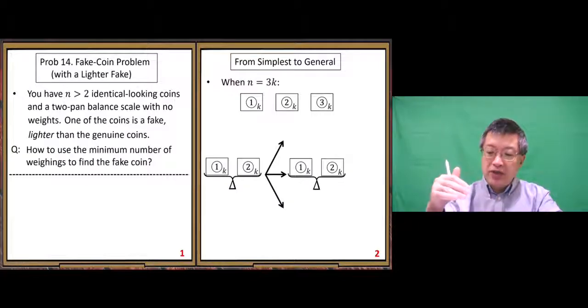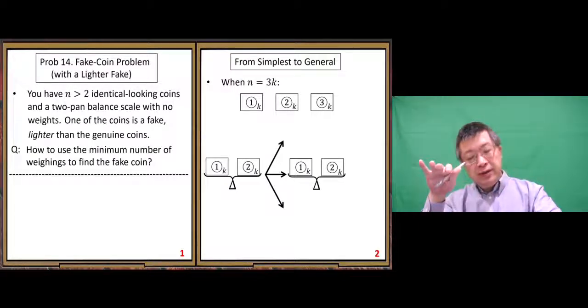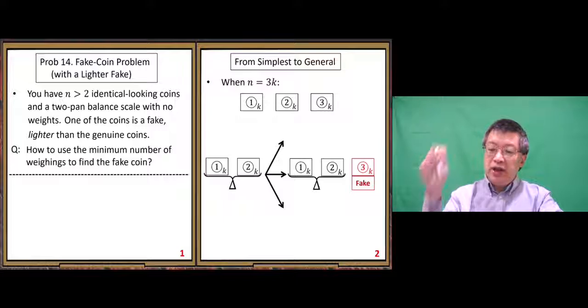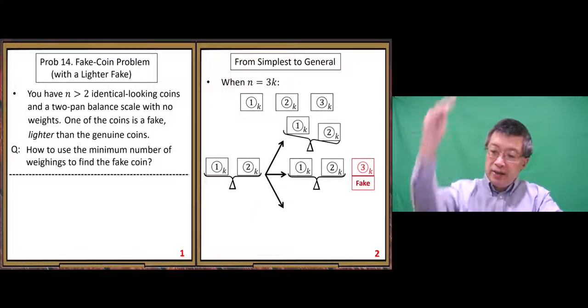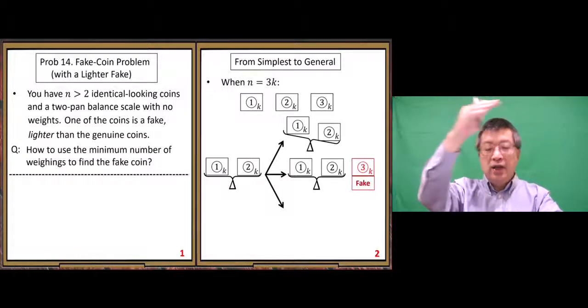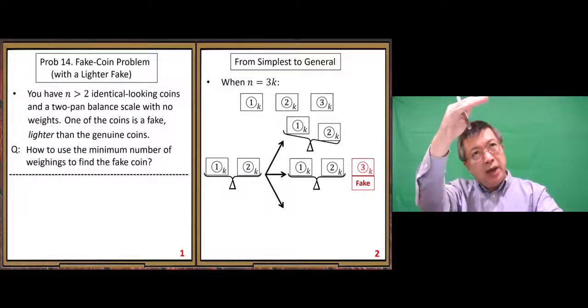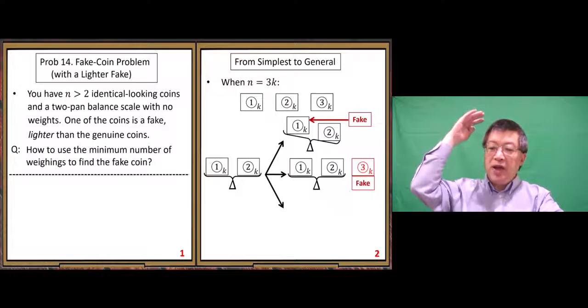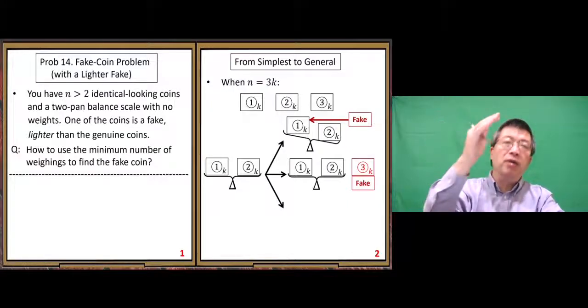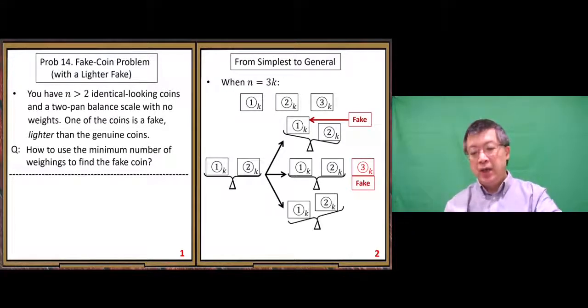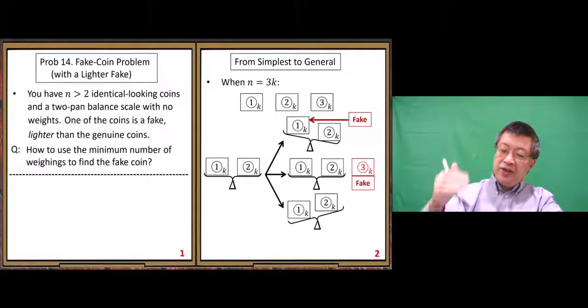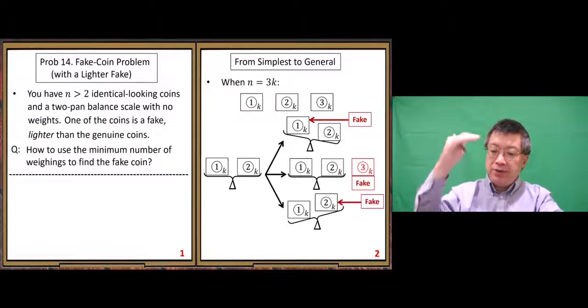The middle case, the fake is in pile 3. First one, pile 1 lighter, so we can say the fake is in pile 1. Third case, the fake is in pile 2.